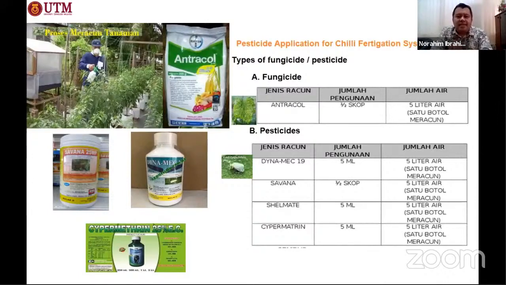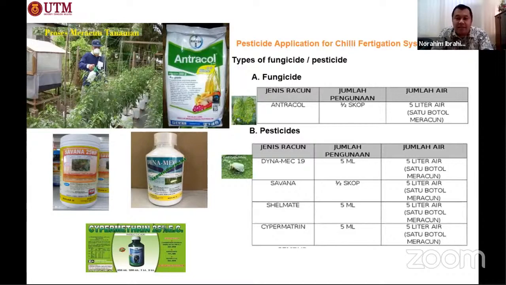Okay, this is an example if we are trying to grow chili using a fertigation system. Sesiapa yang pernah tanam chili menggunakan kaedah fertigasi, this is what they will do untuk mendapatkan hasil yang baik, to get a good chili yield. First they have to use fungicide, sejenis racun kulat.